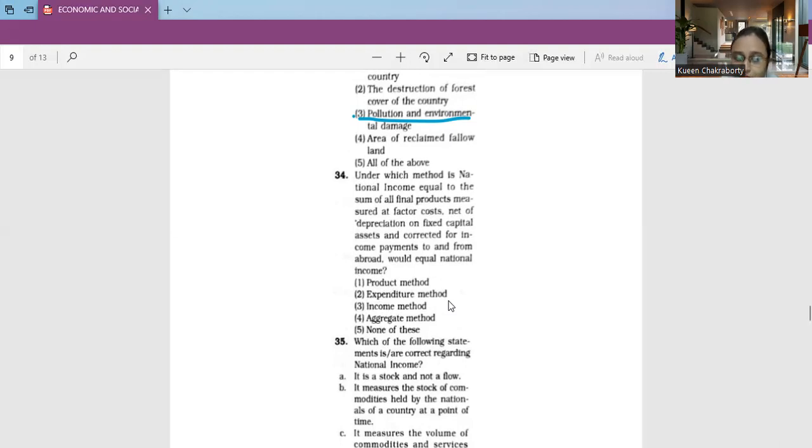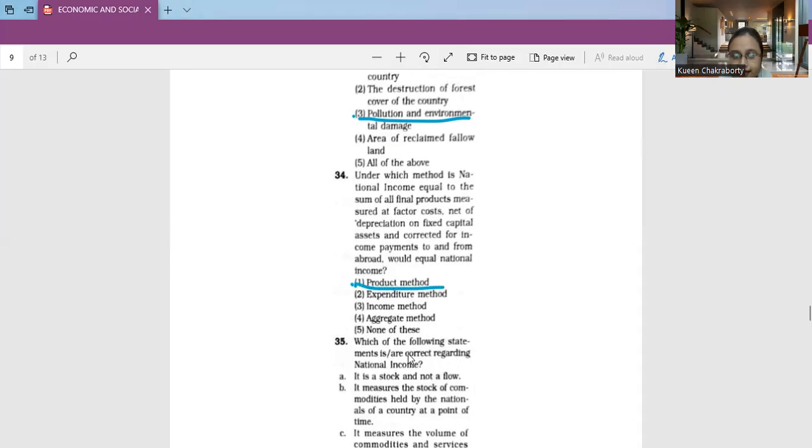This represents the value added, and hence his contribution to the total value of the production. So this is done entirely in the product method, which is option number one, our answer. That is option number one, product method. I will mark product method here.